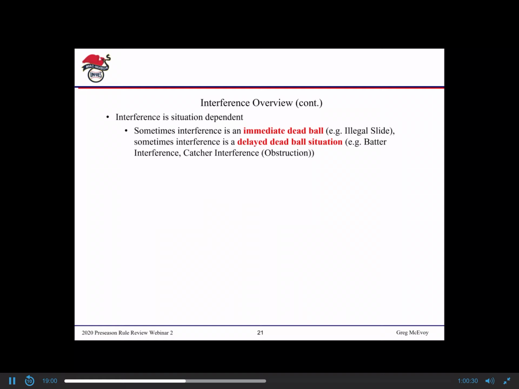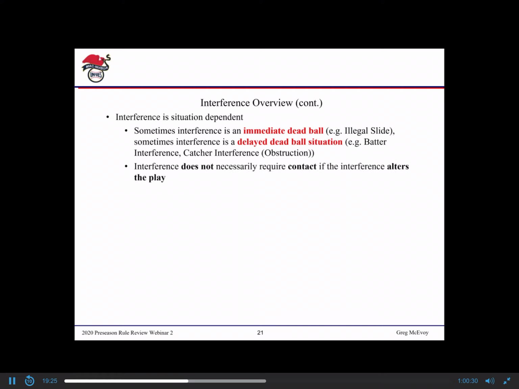Interference is situation dependent. Sometimes it's going to be an immediate dead ball, as an example, an illegal slide. And we'll cover illegal slides in the next review. Sometimes it's going to be a delayed dead ball, and we'll talk about that tonight, particularly for batter interference. Again, catcher interference, we'll cover that in a future review.